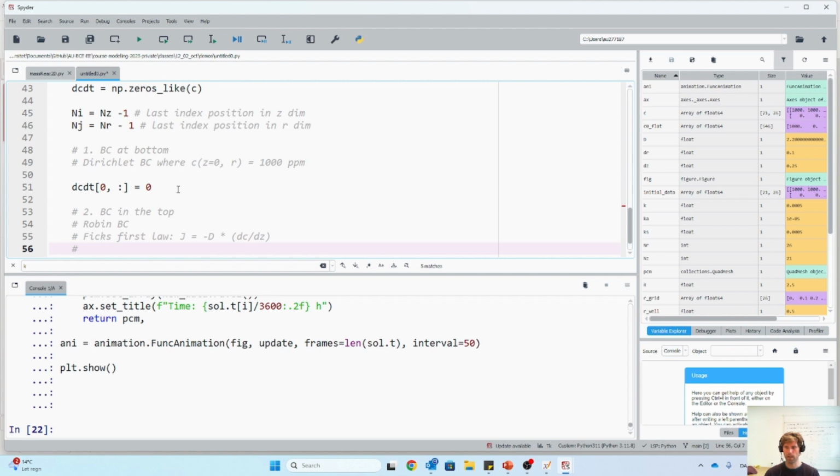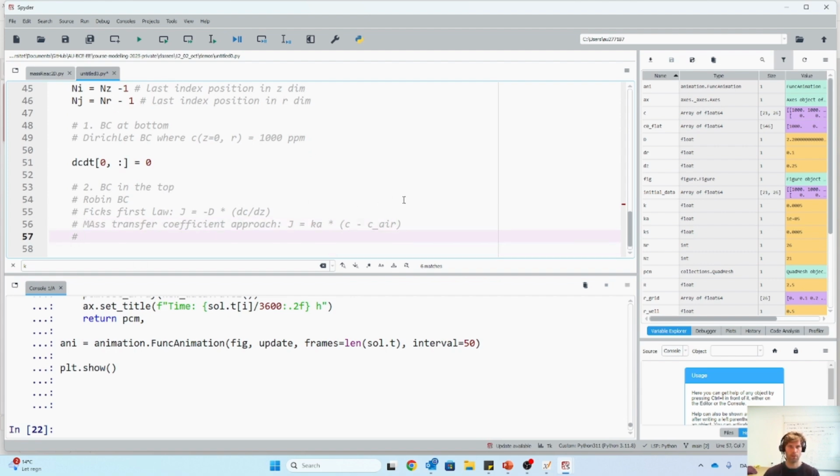And if we use the mass transfer approach, the flux is equal to mass transfer coefficient times C, the concentration, minus the bulk air concentration, which is the driving force.